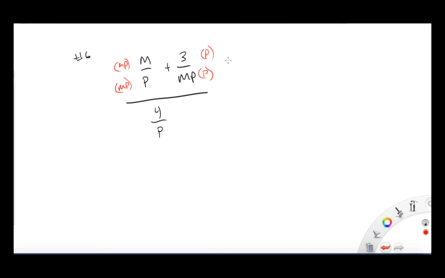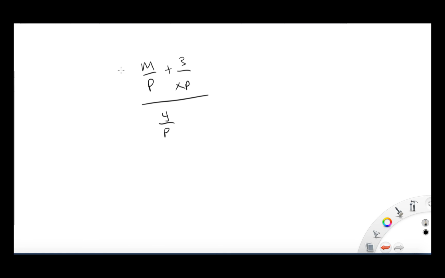So we have the top's going to equal, this first one is m squared p plus 3p. Oh wait, it's xp. I just realized I did this wrong. Let's do it again. m over p plus 3 over xp over y and p.